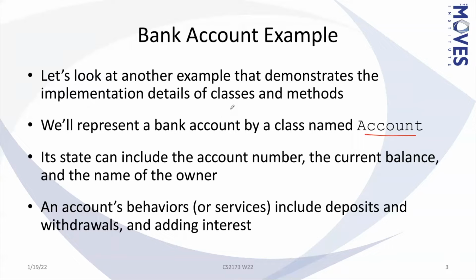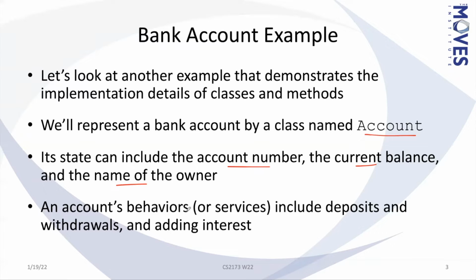Obviously, if we're actually doing some software to represent this for a bank, there's going to be a whole lot more stuff in this, but we're going to start simple. So right now, the state is going to be the account number, the balance, and the name. And of these, the account number and the name, once you set them, are not going to change, but the balance is going to change.